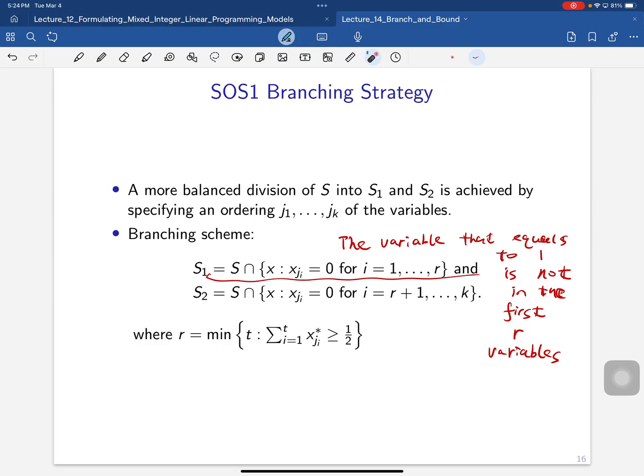So this is like the counterpart of the most fractional variable type of branching rule applied to an SOS1 set. So this is a heuristic on how you set R. Any questions here?